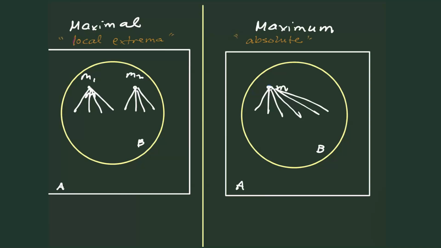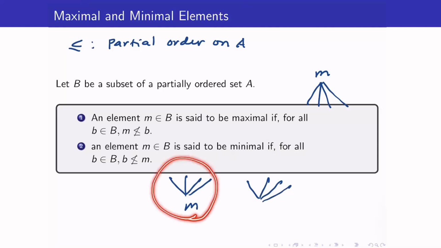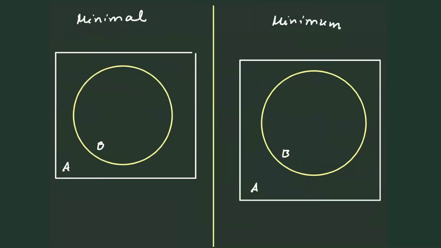Alright? So similarly, for a minimal element, it says that for all elements of the set, so this is my M, you cannot find anything under M. So meaning to say, all the elements are either above M or not comparable to M. So just like what we had earlier, you can have more than one minimal element.